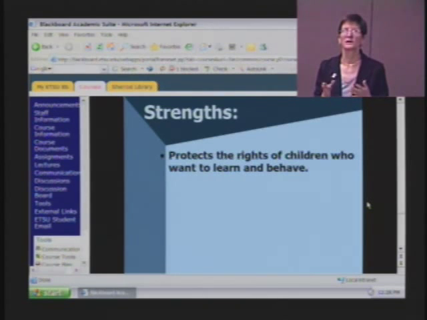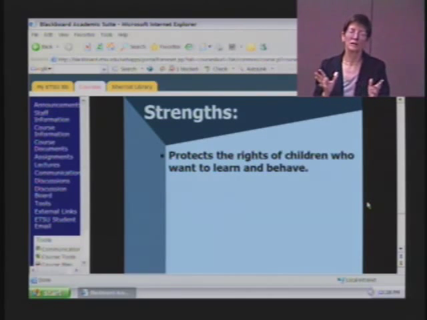Authoritative approaches protect the rights of children who want to learn and behave. If you work in schools very long, and particularly if you work with children above the primary grades, but even with primary and preschoolers, you will find some children who, for whatever reason, aren't interested in learning and behaving.